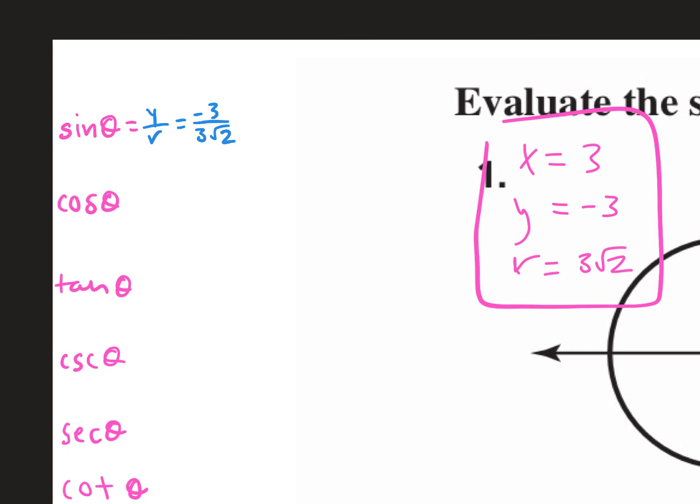How can we simplify this? Can we simplify it any other way first? The 3's cancel out, so we have negative 1 over square root 2. We can never have a square root in our denominator, so we have to rationalize it. So how do we get rid of that square root? What should we do?